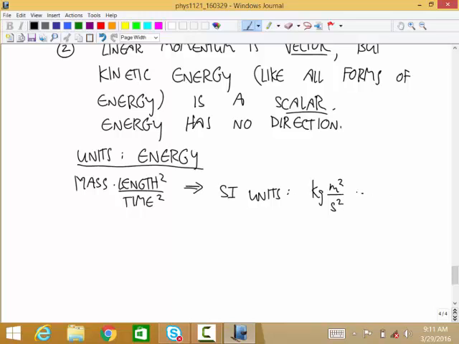And so we call this unit the joule. It's the name of a scientist, and we abbreviate it with a capital J. So any energy, including kinetic energy, has units of joules, and 1 joule is equal to this.